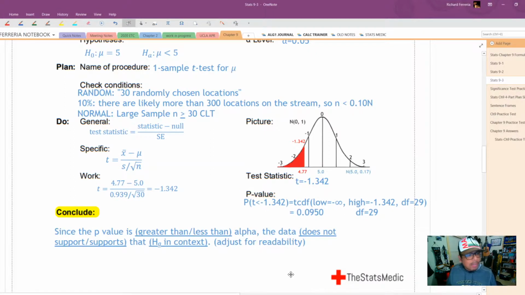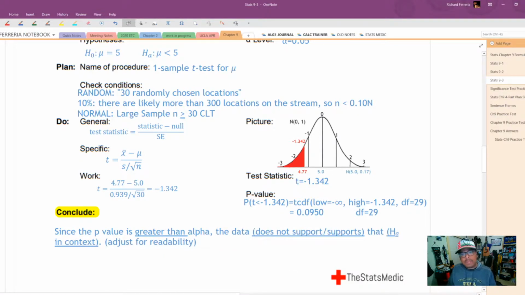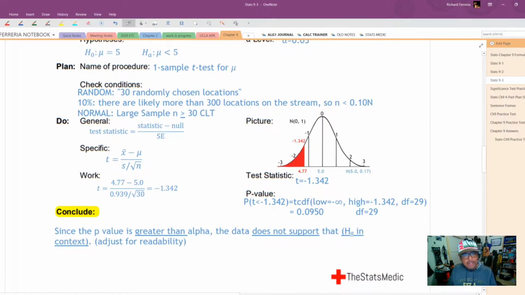Go ahead and copy and paste the sentence frame for a conclusion. Since the p-value is greater than our alpha, that means we do not support the alternative hypothesis. I should have said the data doesn't support the alternative hypothesis. Maybe as people we actually do support the alternative hypothesis, but that doesn't matter.